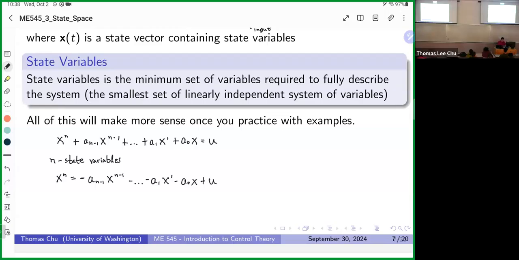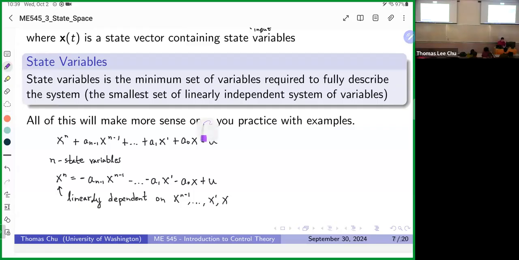So what we're saying here is that x to the nth power is linearly dependent on x_(n-1), all the way down to x to the first derivative, plus x.